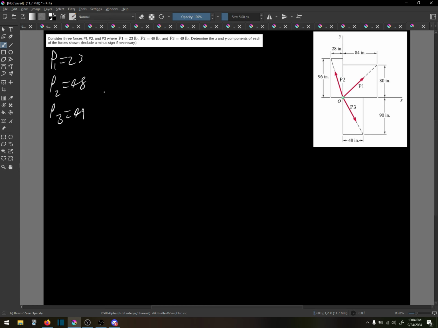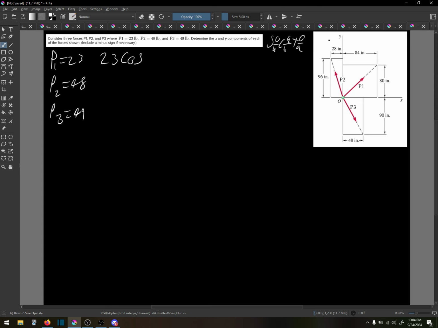For the x components, this is just going to be 23 cosine of... yep, they're not giving us the angles, they're giving us the lengths. So now I need to remember SOH CAH TOA.